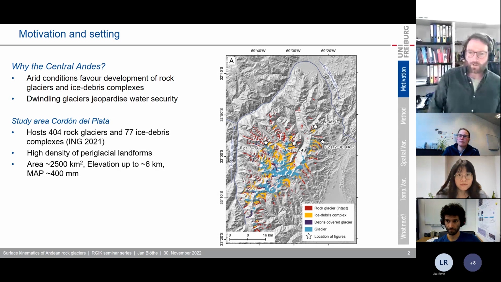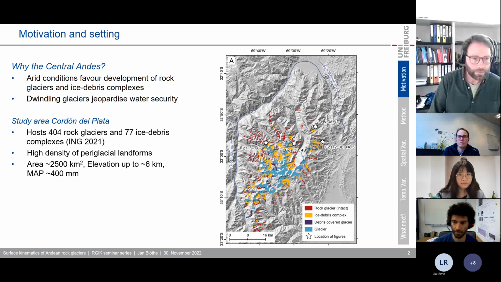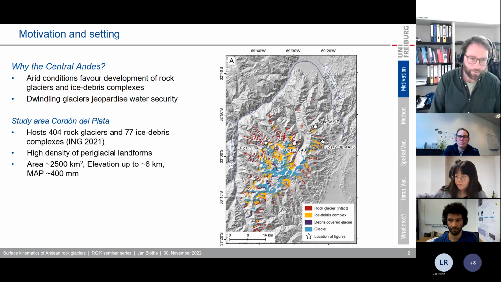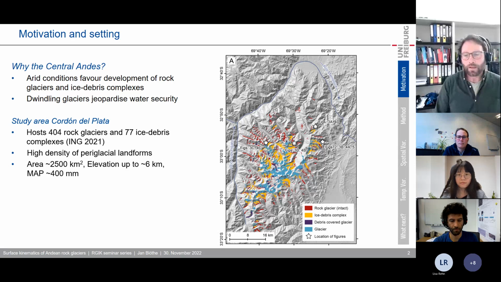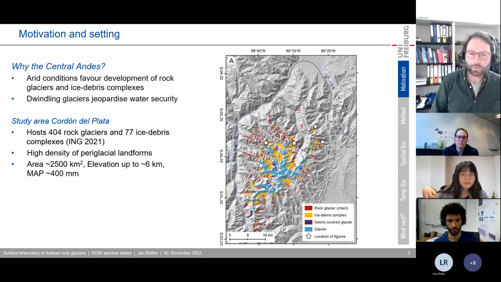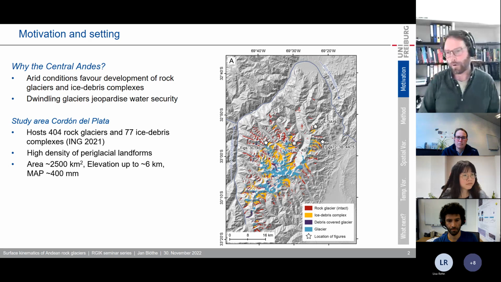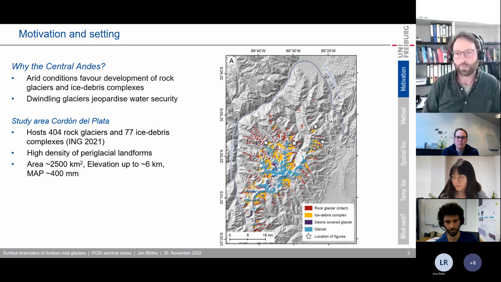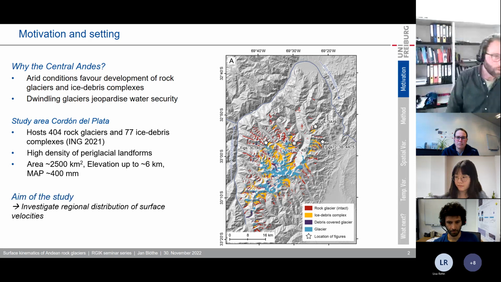The Cordon del Plata is quite close to Mendoza, in central Argentina, covering roughly 2,500 square kilometers, and its elevation rises up to 6 kilometers. So it has quite an extensive periglacial belt, and we find a large vertical variability of these landforms.